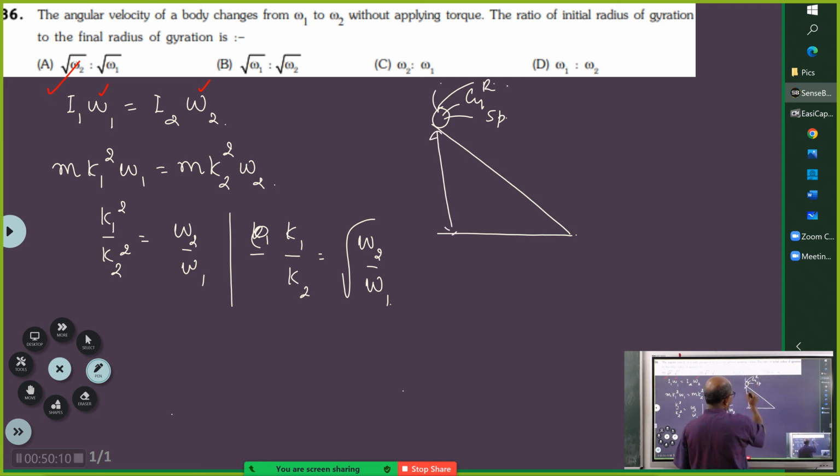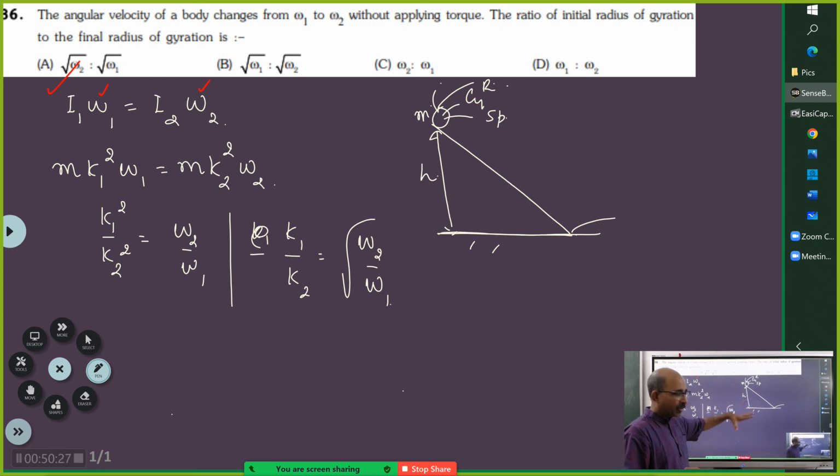All of them are kept at the same height h, with the same mass m. I hope that illustration is given in your textbook. Now, which one will reach the bottom first? If you want to compare, the mathematical model will become simple if you are able to express the moment of inertia of each one of them in terms of this radius of gyration.